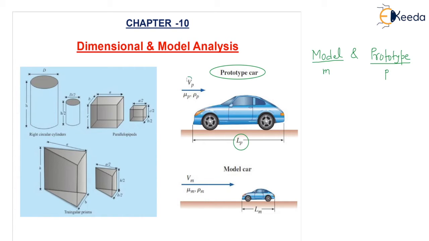VP is the velocity of the prototype, mu p is the dynamic viscosity of the fluid the prototype is facing, and rho p is the density for the prototype fluid interaction. Whatever fluid is flowing over the prototype, the density of that fluid is rho p.